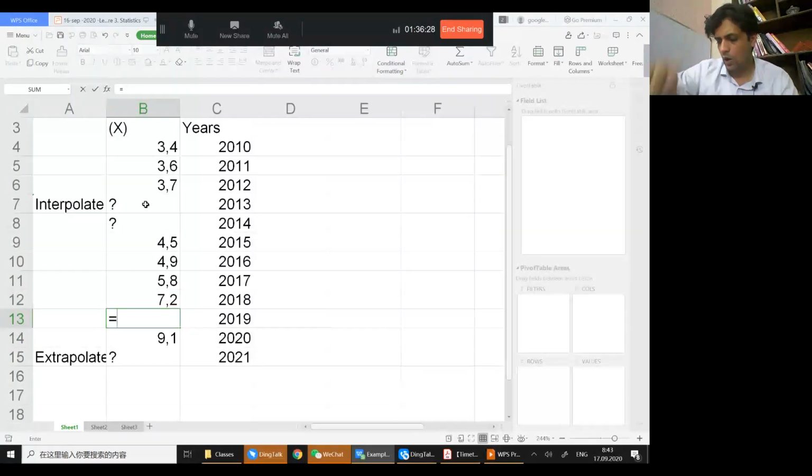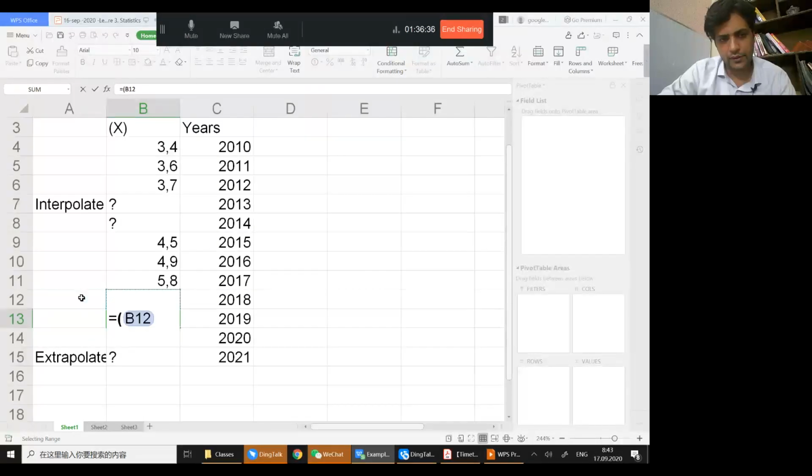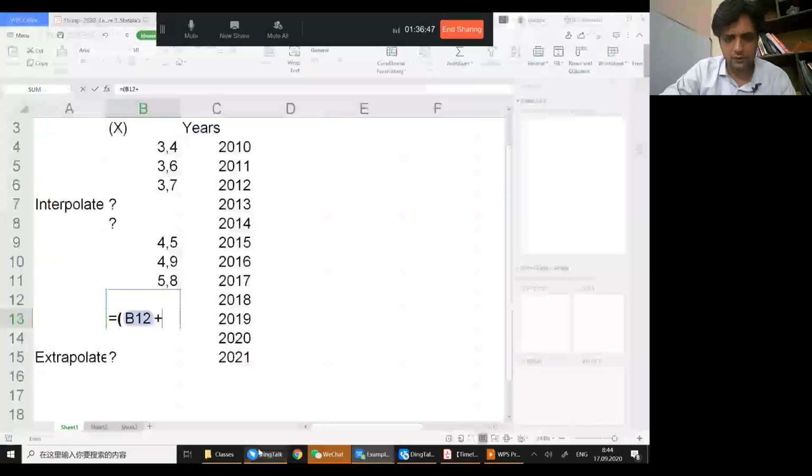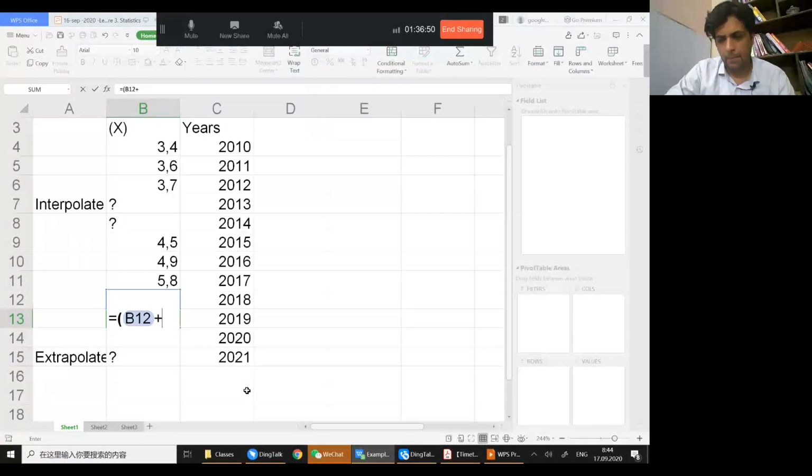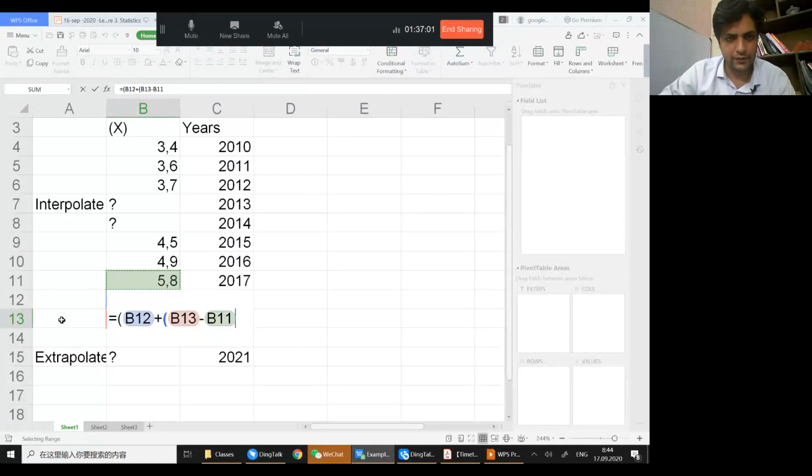There is a formula. First, you're just going to use the formula: previous available data, plus next available data, which is this one, minus previous available data, which is again this one, right?